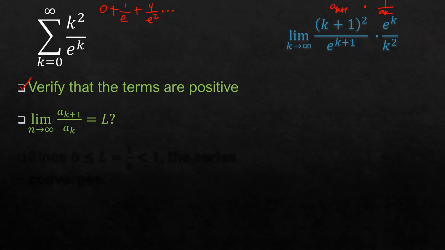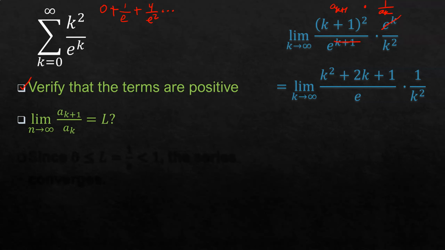I skipped writing down the division problem there. Division is multiplying by the reciprocal, so that's what I'm going to have there. Now, e to the k power is going to get divided out with e to the k power in the denominator, so you'll have just e to the first power, or just e. And then we can expand out the k plus 1 squared, and you'll have that.